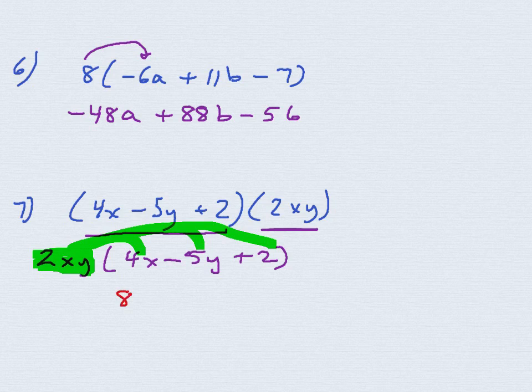Now the next thing is to do the letters. xy times x, that's 2 x's because 1 plus 1 is 2, and the y. Now take your 2xy, multiply it by negative 5y. It's going to give you negative 10 for the coefficient, and there's 1x, but now y plus y is y squared. And lastly, 2xy, multiply that by a positive 2, is going to give you plus 4xy.